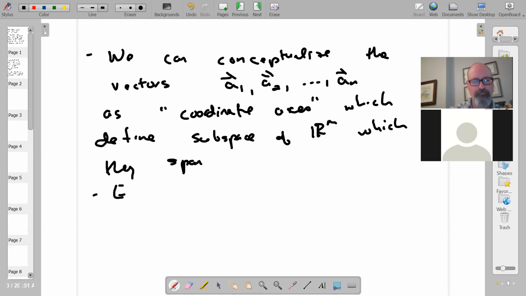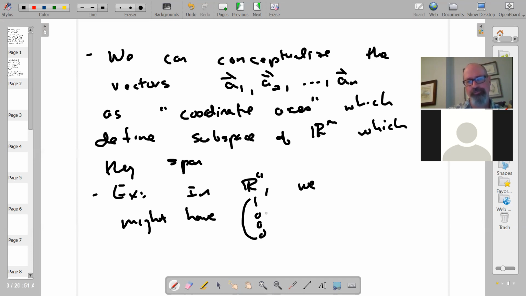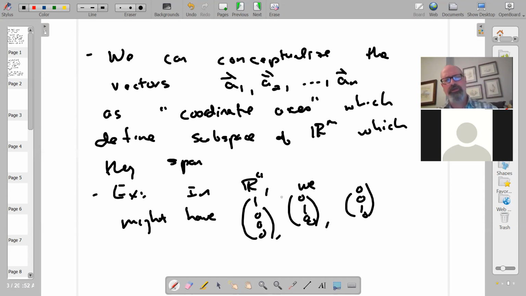For example, in R4, we might have the vectors 0, 1, 0, 0; 0, 0, 1, 0; and so on, and maybe that's my vectors A. Those vectors are much more naturally a set of coordinate axes, because if you think about things in 4 coordinates, most people think of W, X, Y, Z, or X, Y, Z and T. In this case, maybe that vector represents the X-axis, that one the Y-axis, that one the Z-axis.